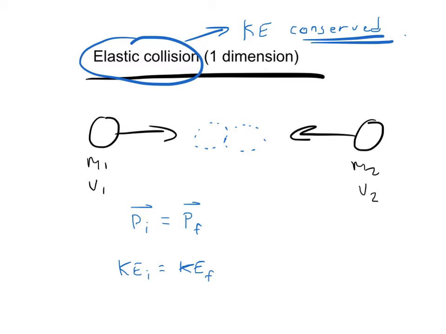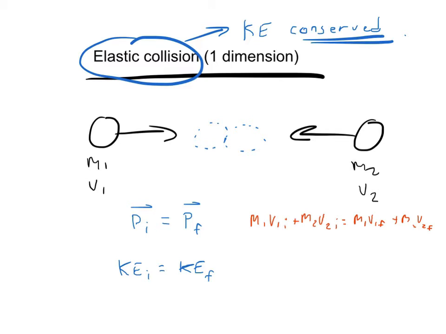So we will get two sets of equations, which will be m1 v1 initial plus m2 v2 initial equals m1 v1 final plus m2 v2 final.